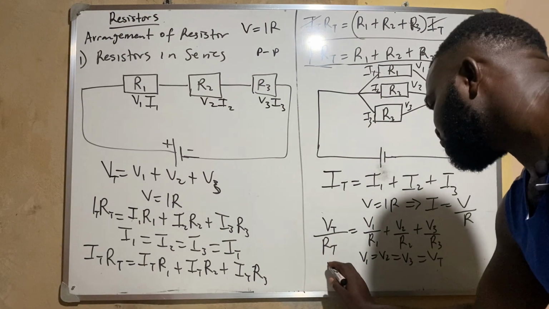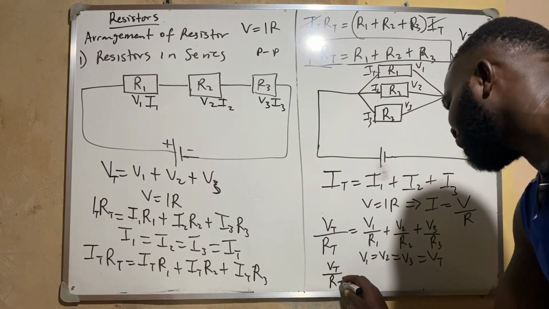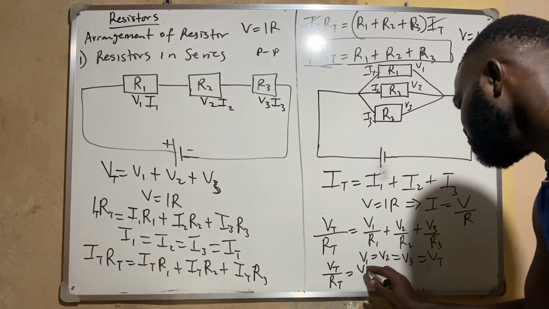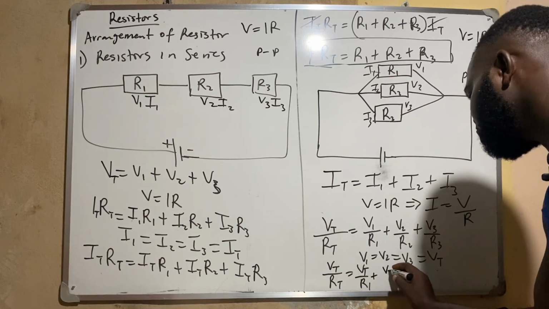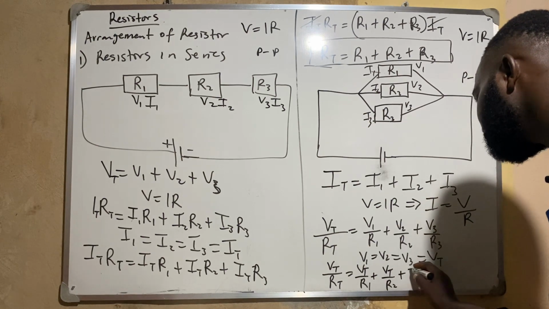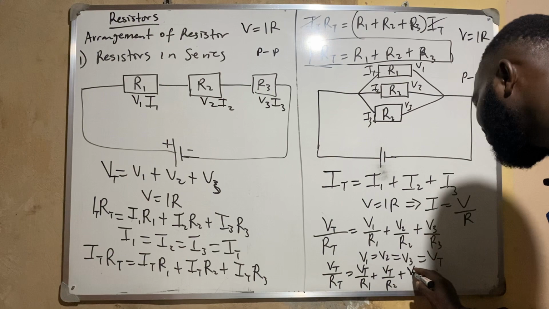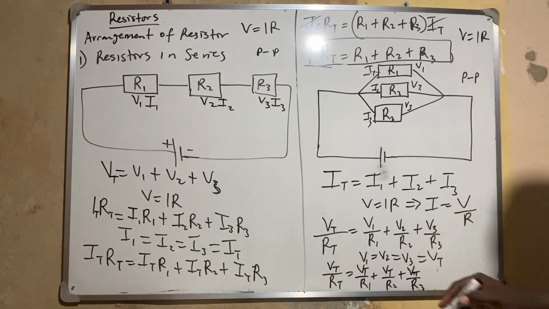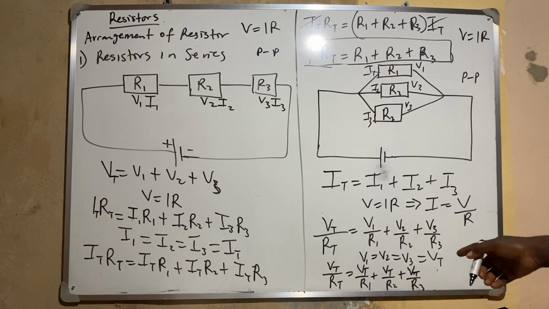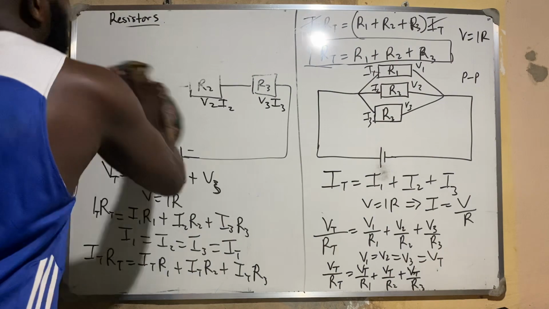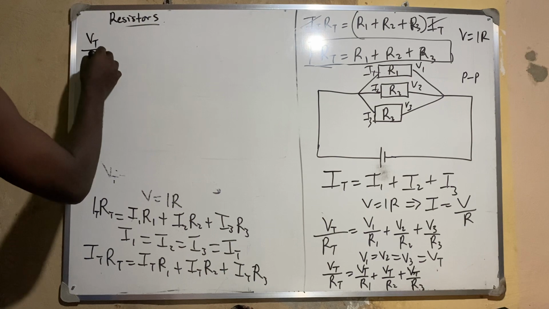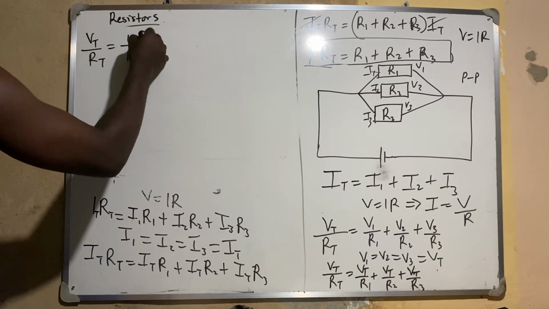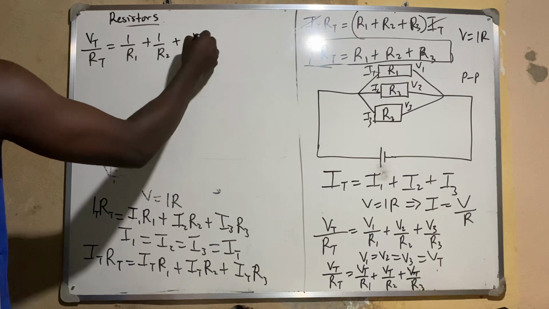So it will now give me V total over R total is equal to V total over R1 plus V total over R2 plus V total over R3. Now, you see that they have V total in common. Since they have V total in common, I'll have 1 over R total is equal to 1 over R1 plus 1 over R2 plus 1 over R3.